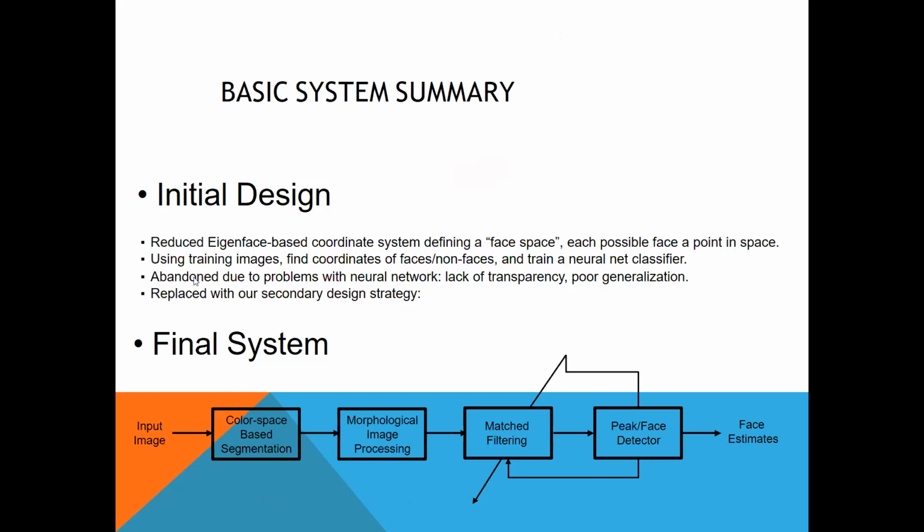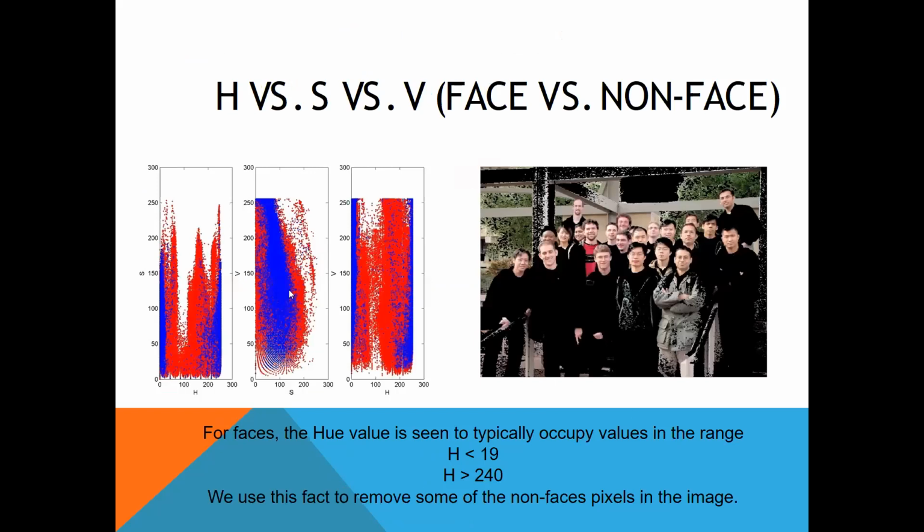You can go through all these using training images, find face and non-face coordinates. The problems are lack of transparency and poor generalization. These are the steps we have to use: input image, color-based segmentation, morphological matching, peak and face estimation. Fine.